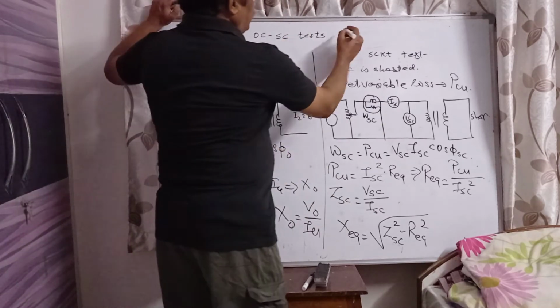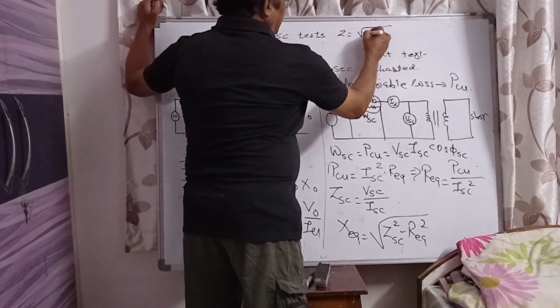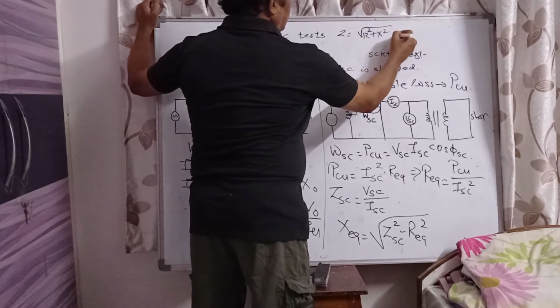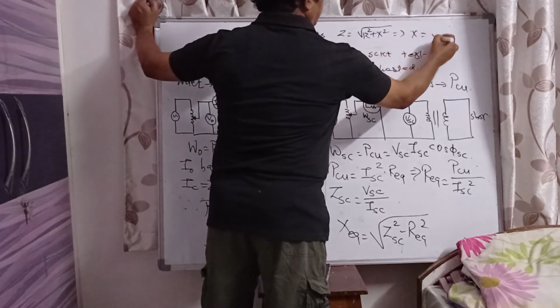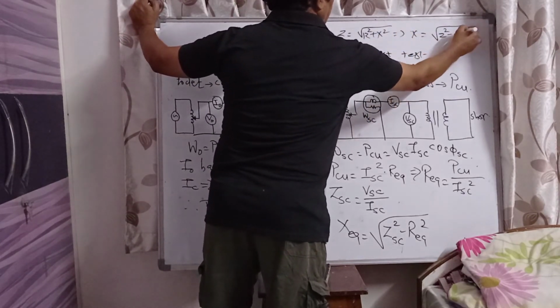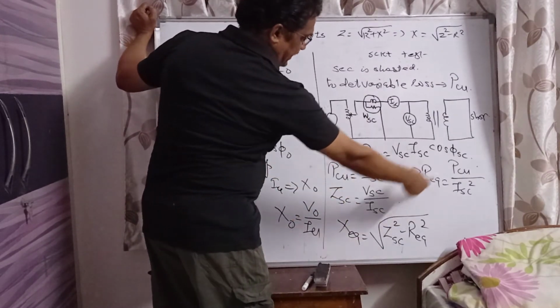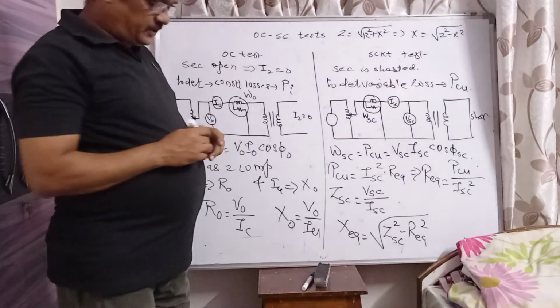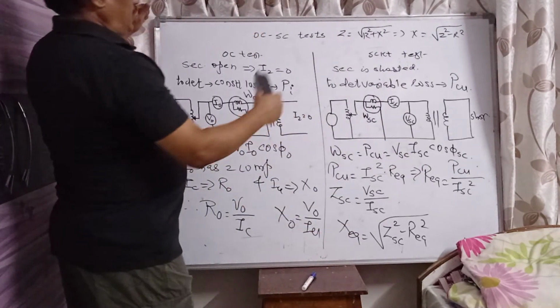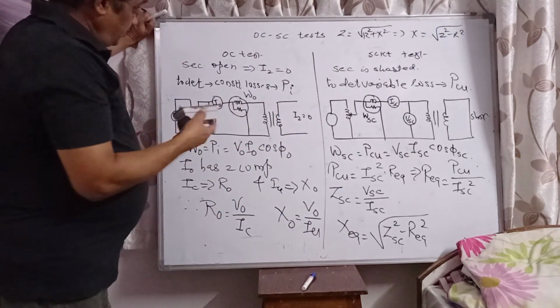And as we know, Z is equal to under root of R square plus X square. So what will be X? That is written here: X equivalent is under root of ZSC square minus R equivalent square.